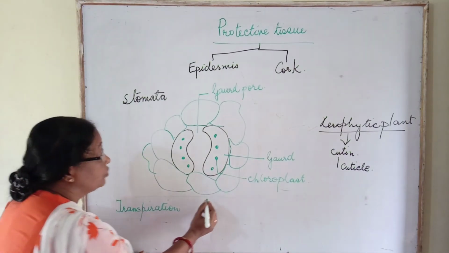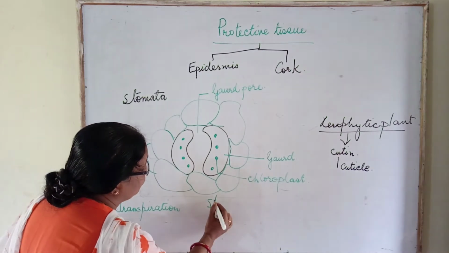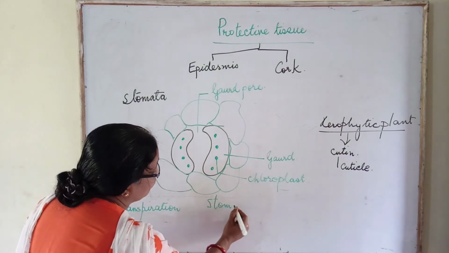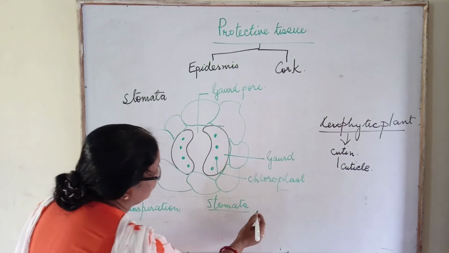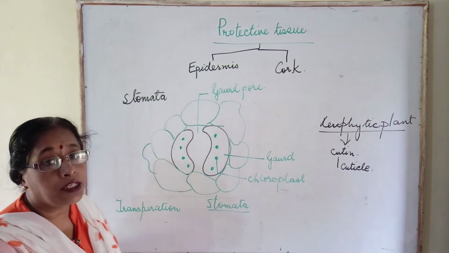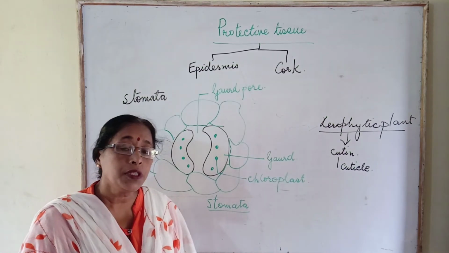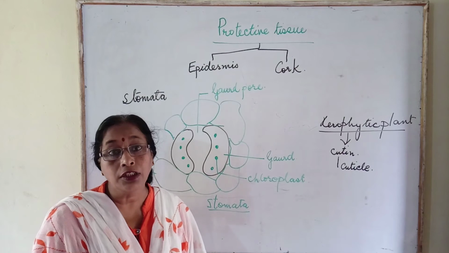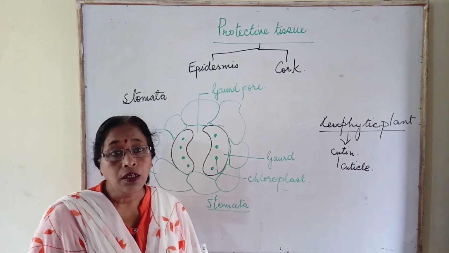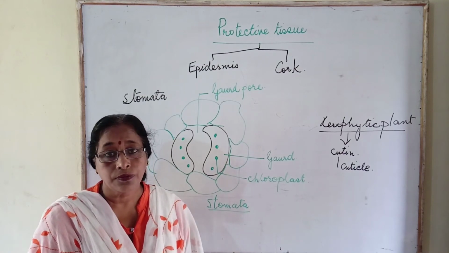So this is the structure of stomata. The advantage of transpiration is that it keeps the surroundings around the plant cool. It maintains a cool temperature.